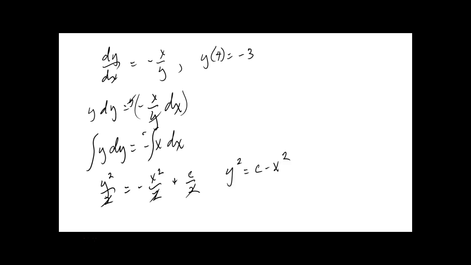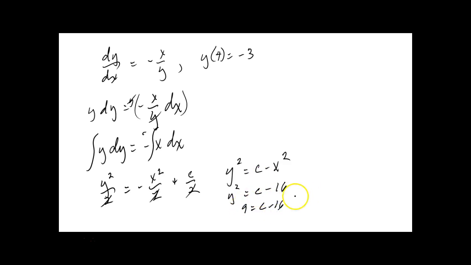Now let's plug in our initial condition. When x equals 4, this will be y squared is equal to c minus 16. Right? y then is -3, so that would give you 9 is equal to c minus 16.